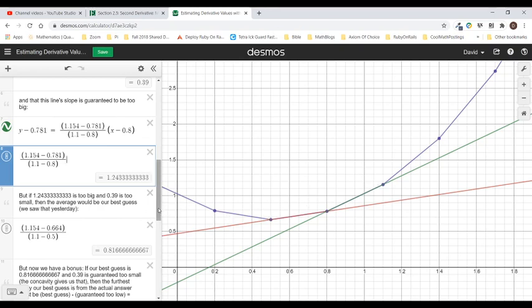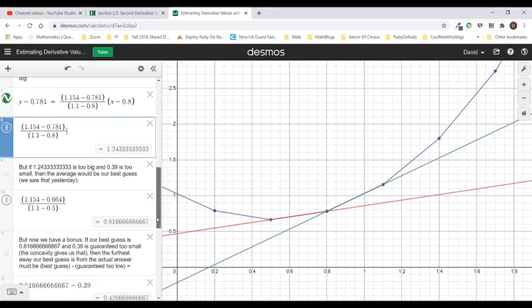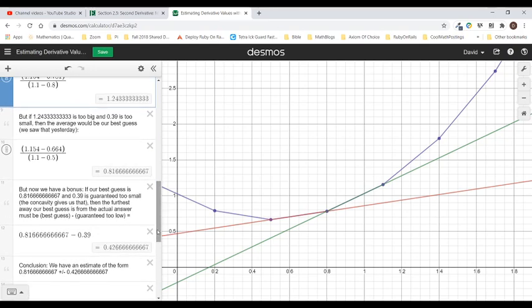But we know that 1.24 is too big and 0.39 is too small. If 1.24 is too big and 0.39 is guaranteed to be too small, then the furthest away our best guess can be is going to be the difference between our best guess and a number that's guaranteed to be too small.